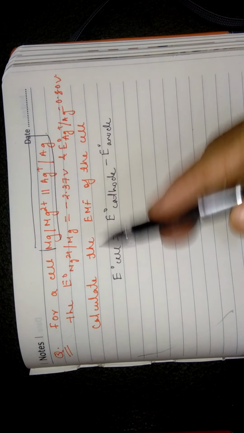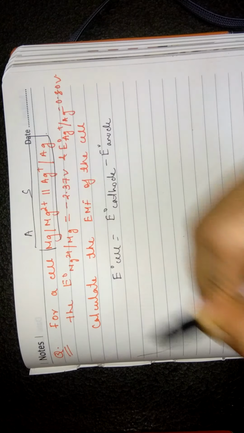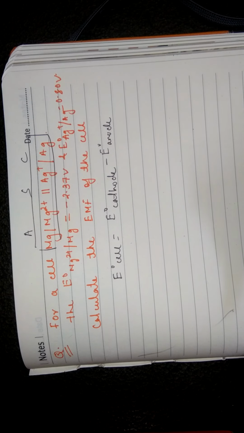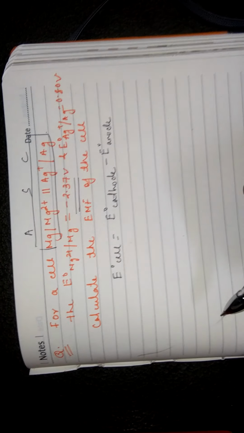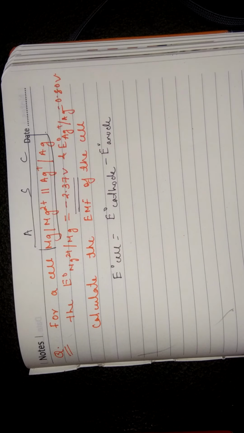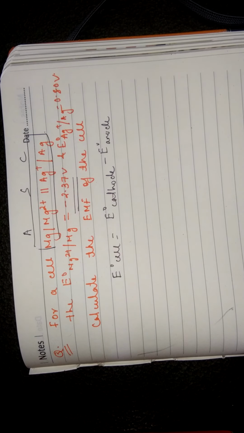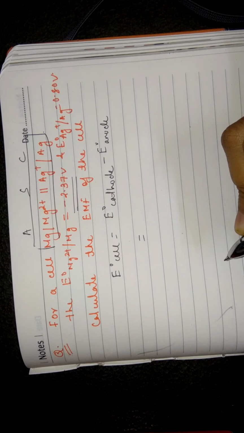Based on the previous question, you can see which one is the anode: this one is anode, salt bridge, cathode. You can remember it this way. So our anode is magnesium, which has a value of minus 2.37, and our cathode is silver. So we can directly substitute the value.